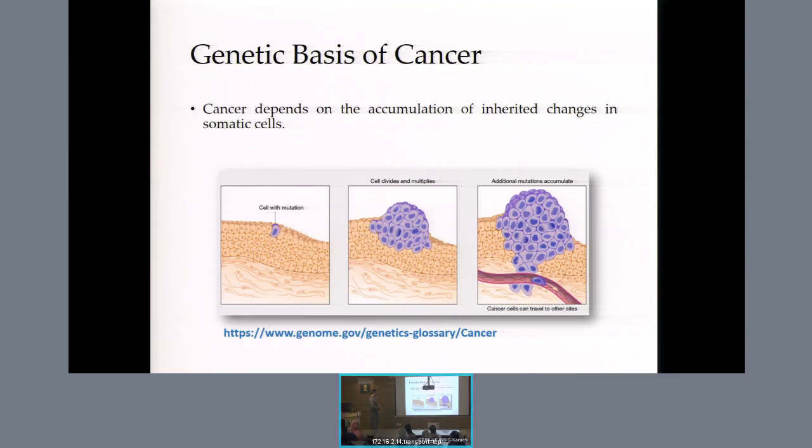So we have a cell with a mutation, the cell divides. आप लोगों ने replication भी पढ़ी होगी. जब cell divide होता है, the first thing that divides is the DNA.